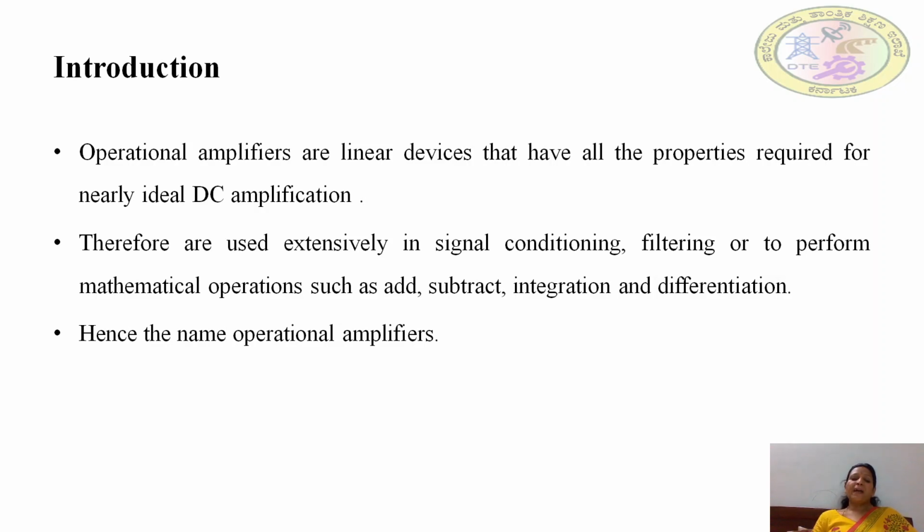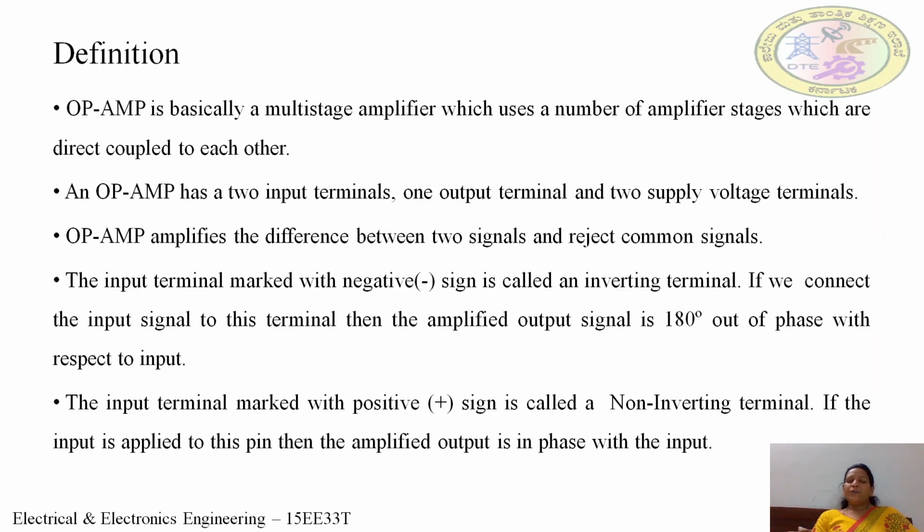So all such mathematical operations can also be performed by operational amplifiers along with amplification. Hence they are named operational amplifiers. So not only amplification, they also perform some mathematical operations, so we call them operational amplifiers. So how can we define an operational amplifier? They are basically multi-stage amplifiers.